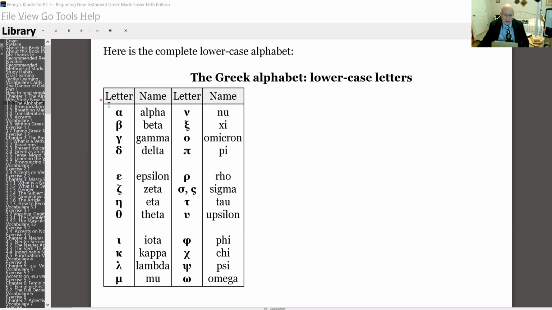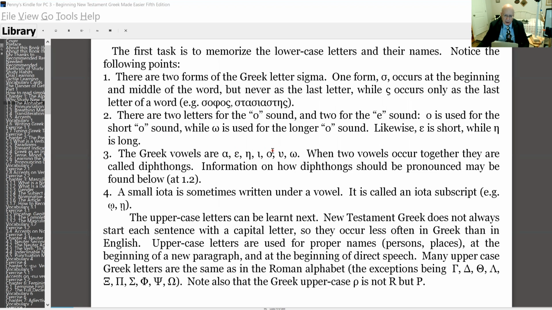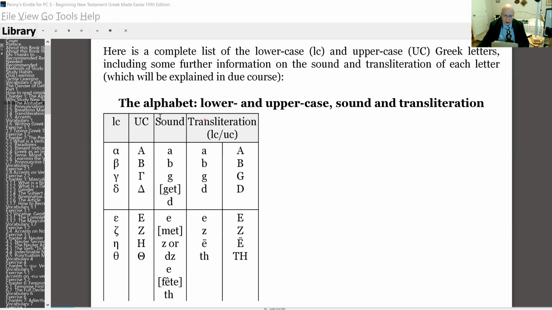And you'll notice that we have 24 letters in the Greek alphabet in groups of 4 here, 12 on this side, and 12 on this side, altogether 24. And the names of the letters, which are not necessarily the sounds of the letters, that's given for you in the next chart on the next page, what the sound is.